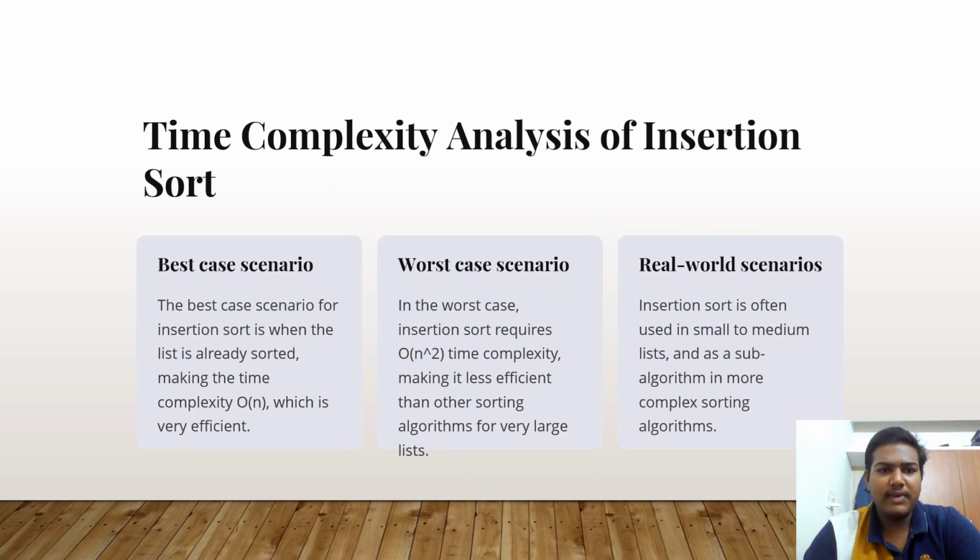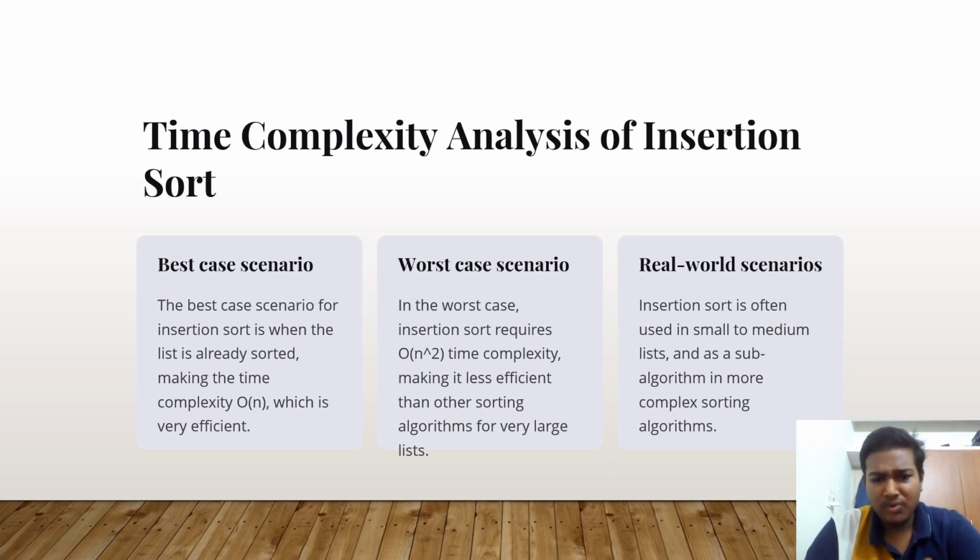Next, we'll see the time complexity analysis of insertion sort. There are three: best case scenario, worst case scenario, and real world scenario. The best case scenario for insertion sort is when the list is already sorted, which makes the time complexity O(n), very effective.